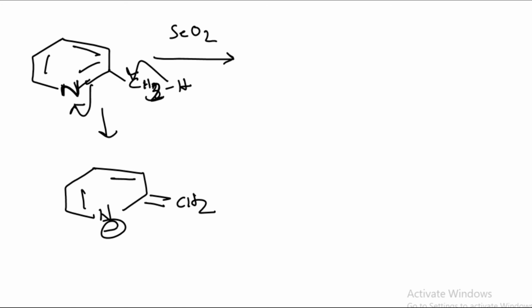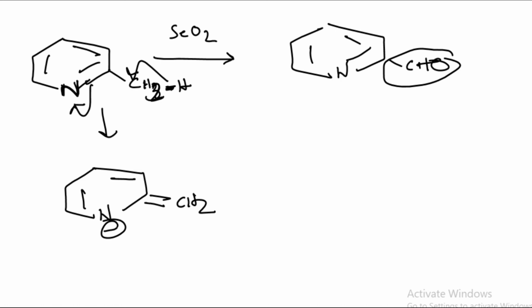So this proton is very much acidic, at least much more than the acetone hydrogen. Due to this reason, this hydrogen is an active methylene hydrogen. So the oxidation will occur and the product will be this. Carbonyl will be formed here.